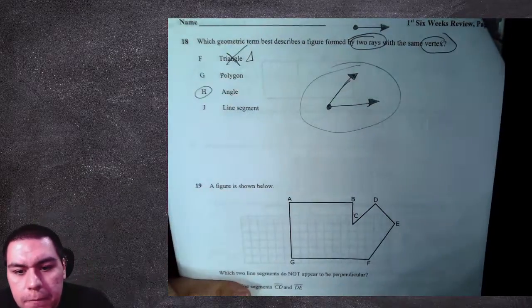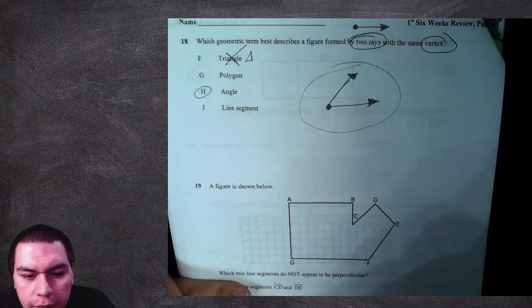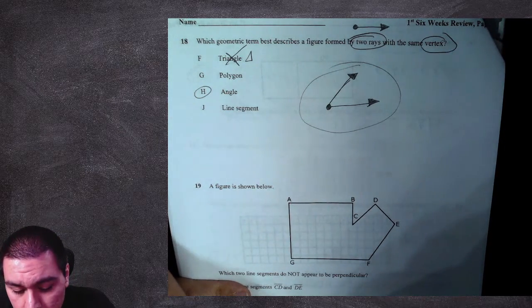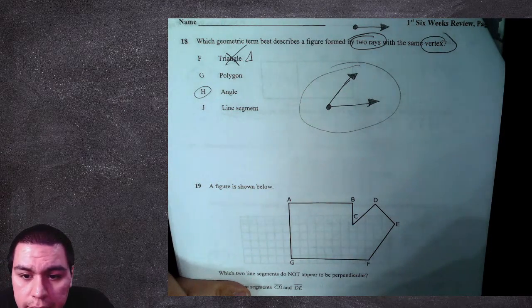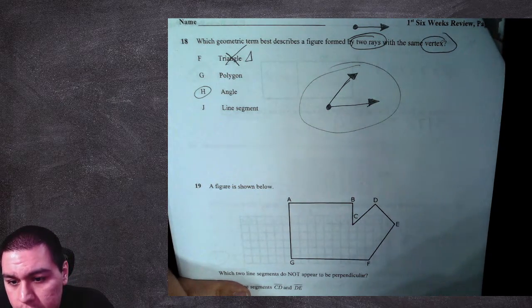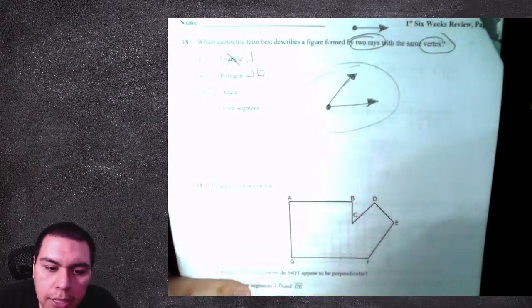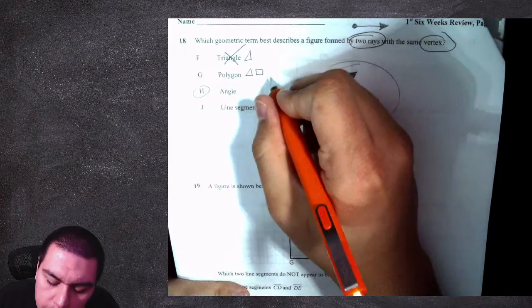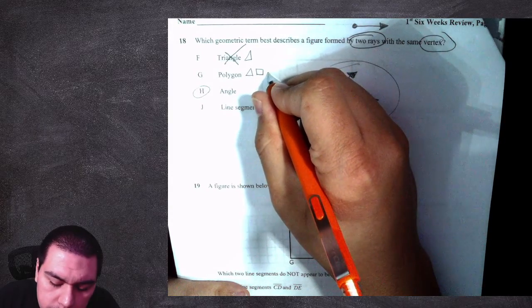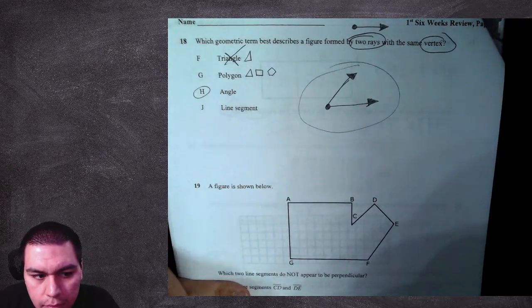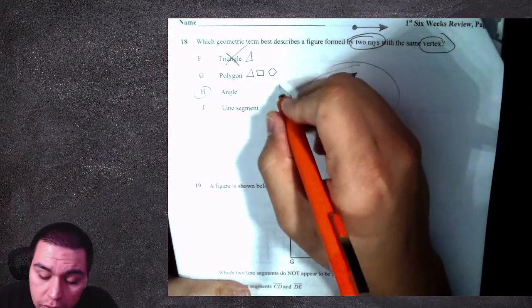A polygon. A polygon is a name in math for any shape that has more than 2 sides and no openings. So a polygon could be a triangle, it could be a square, it could be a pentagon, it could be some kind of crazy shape.